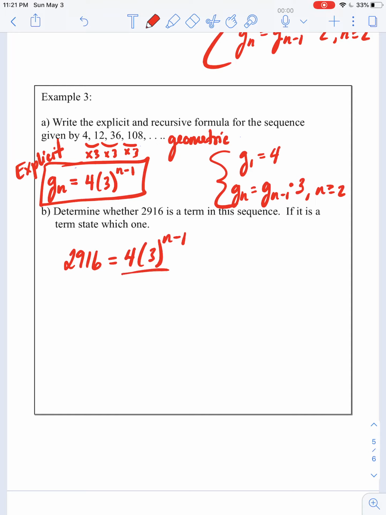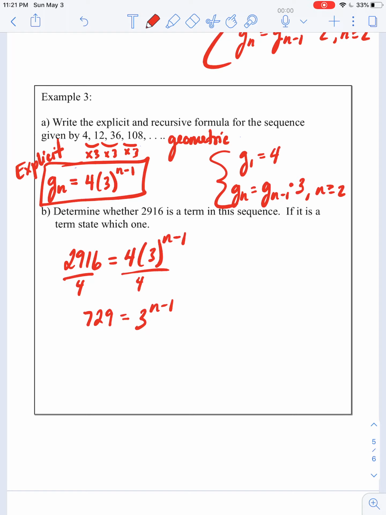So the first thing we want to do is get that 4 out of there because we cannot, again, multiply the 4 times 3. So 2,916 divided by 4 is 729. And so now the question is, is 729 a power of 3?